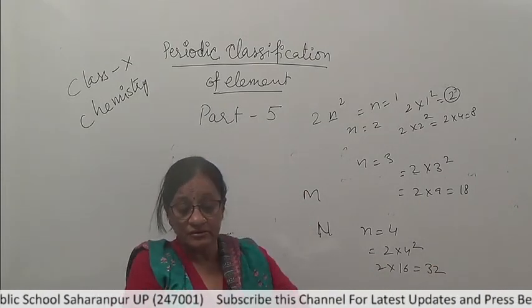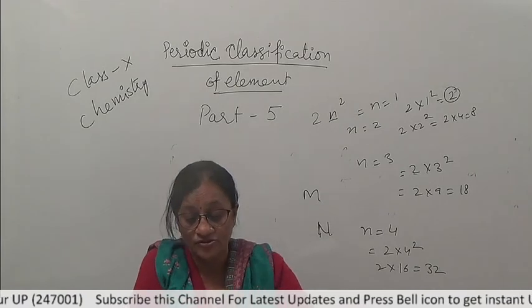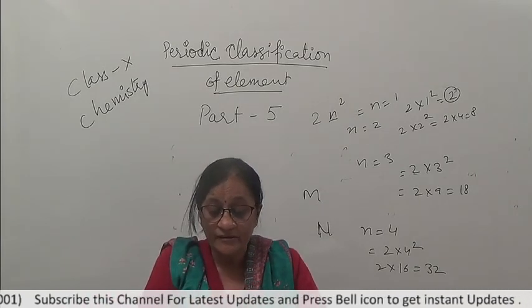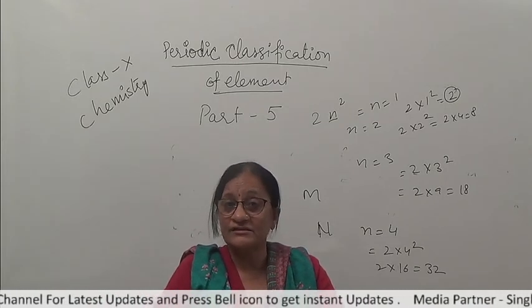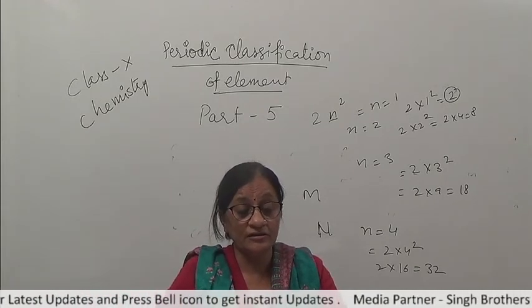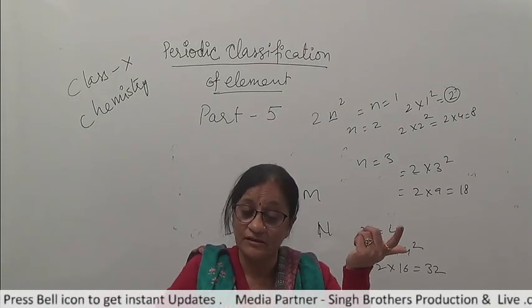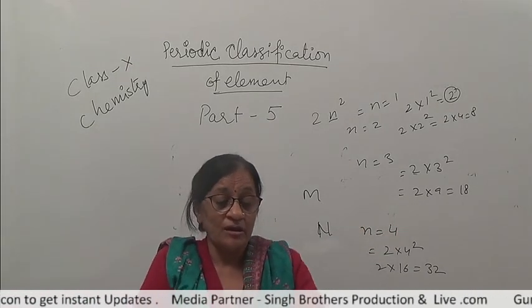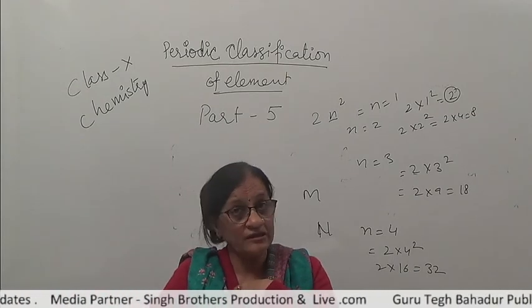So we can see that the number of electrons that can be accommodated in an electron shell is different for different shells when we take n as 1, 2, 3 and 4. But the outermost shell can have only 8 electrons.